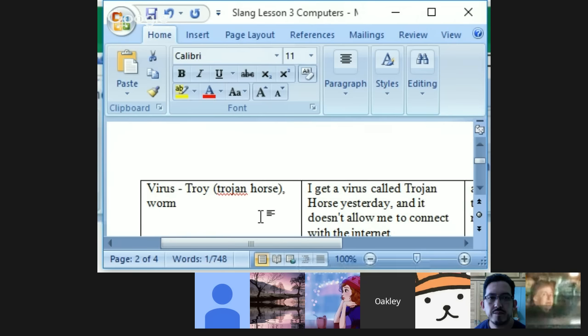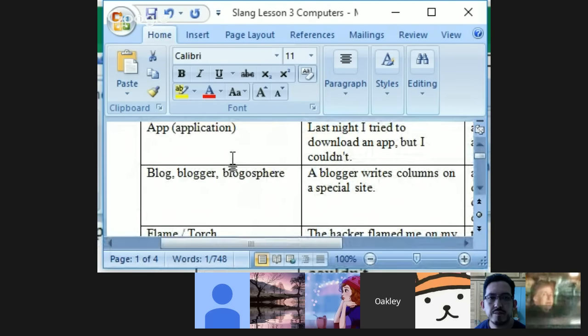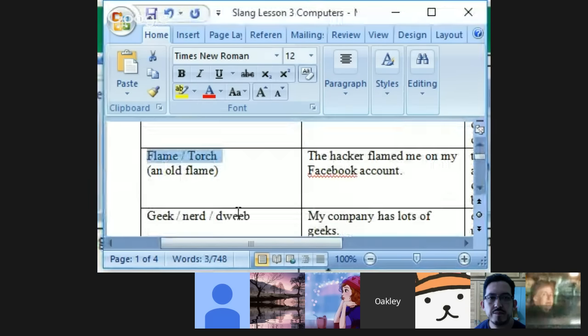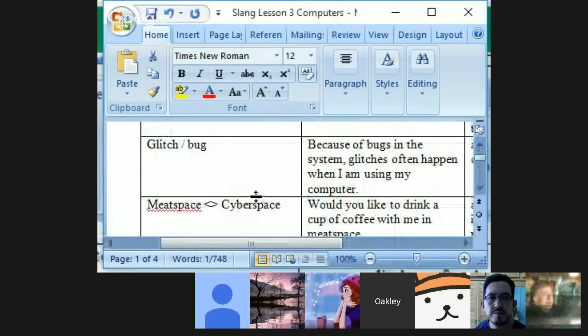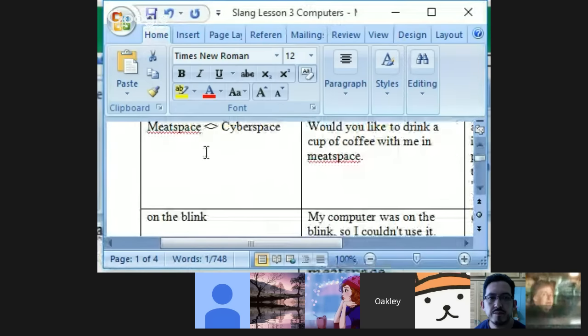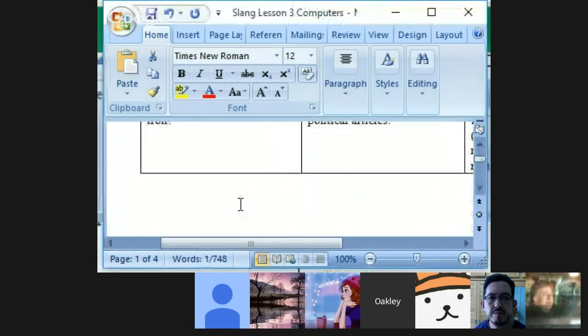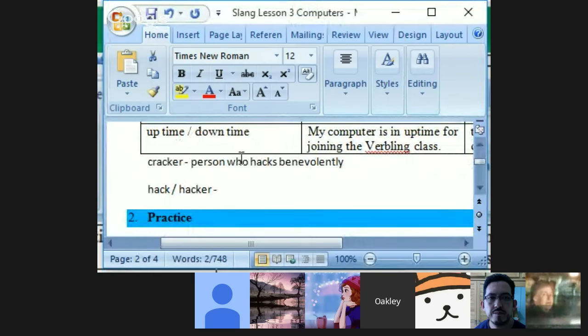Okay, Sam, you want a quick run through to look at the words we've looked at today? We have app, blog, and its various derivations, to flame someone or to torch someone, geek especially, glitch or bug, meat space as opposed to cyberspace, something's on the blink, troll, a virus, uptime and downtime, hacker and cracker, and that's it.